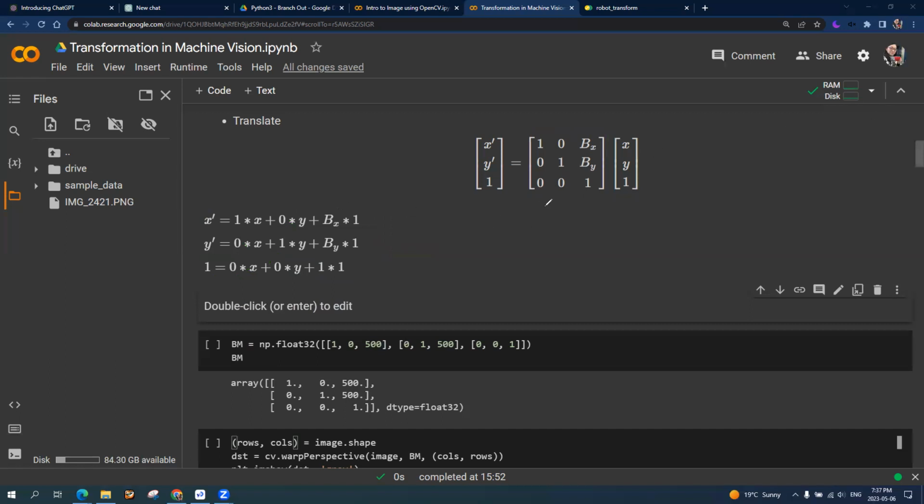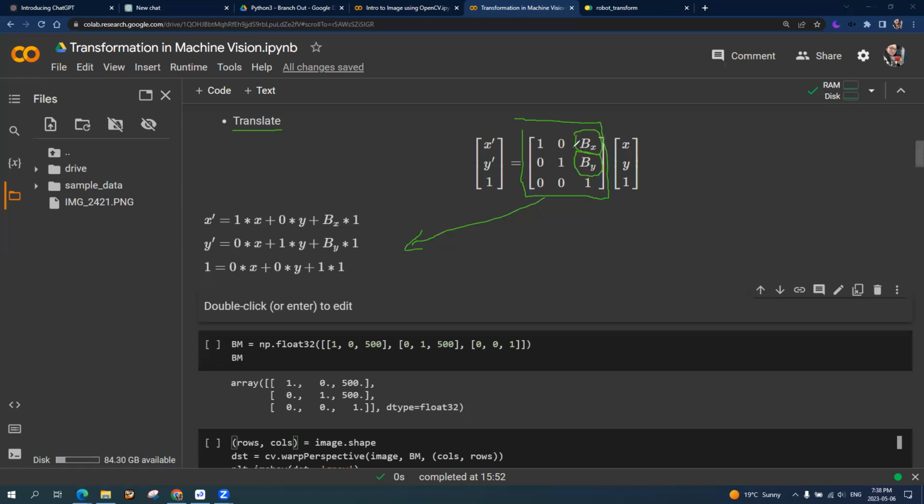We don't ask you to go from here to here for now. We don't need to do that. The computer does all of the jobs for you, okay? We just need to know what this is. This is called the transformation matrix. And you can see that when we define a translation, we put the translation numbers at certain locations.